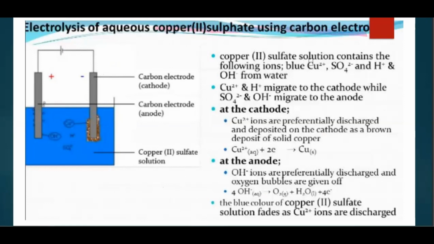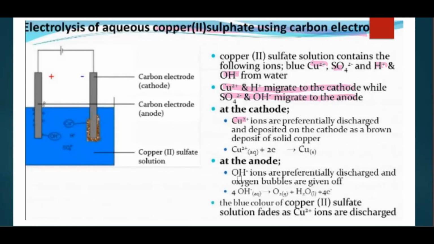Now we will be having the copper ions, the sulfate ions, the hydrogen ions, the OH ions, right? Now out of these two, the copper and hydrogen will be migrating towards the cathode and sulfate and OH will be migrating towards the anode, but preferential discharge will be of the copper ions, right? Because there is no gap between them and the more concentrated one is discharged.